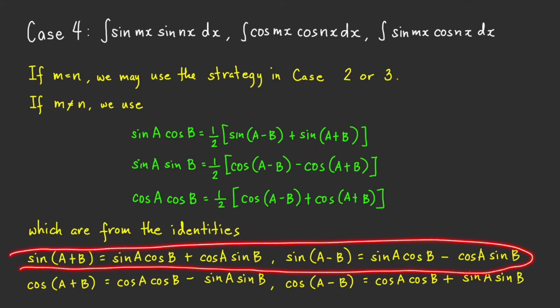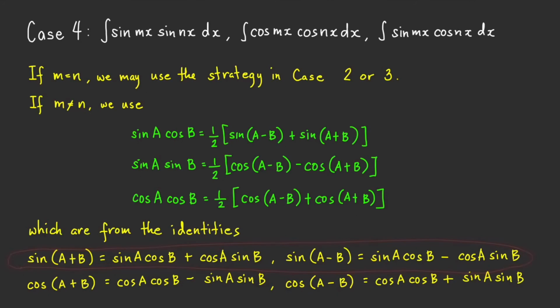Okay, so if you add these two equations, you'll get rid of this term and then this term. So the right hand side of the sum will be 2 sine A cosine B. And you divide both sides by 2, you'll get an identity for sine A cosine B, which is equal to this expression.